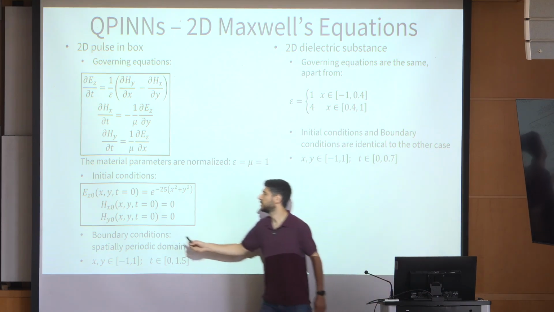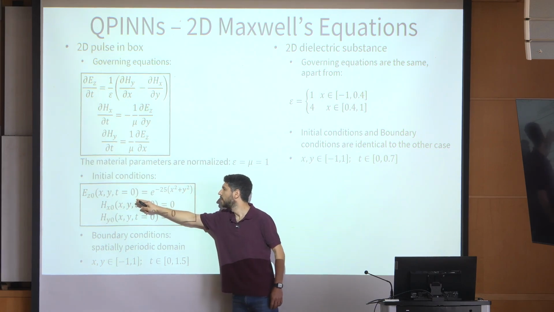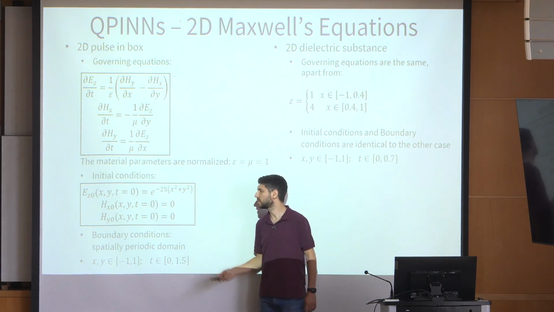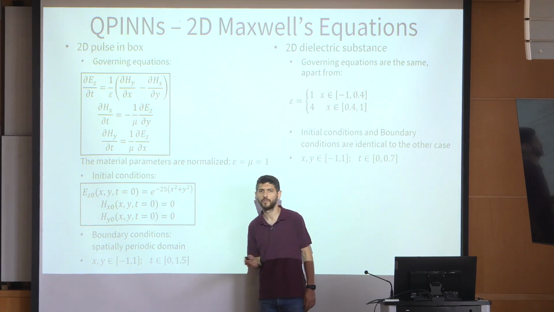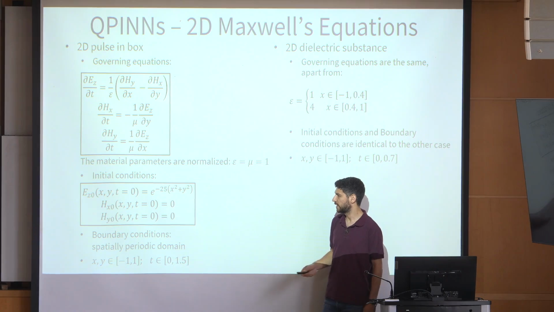These are the initial conditions we used. For the electric field, we used a Gaussian pulse, and the magnetic fields were 0. And the boundary conditions were periodic.